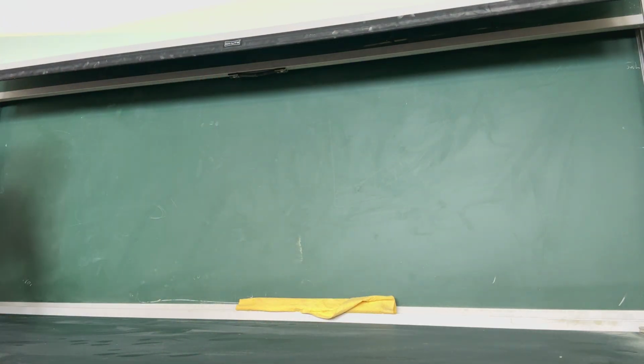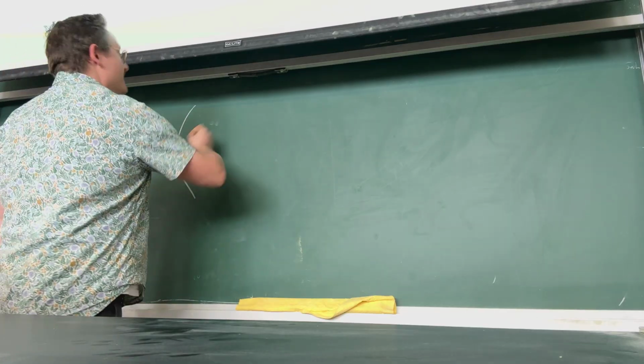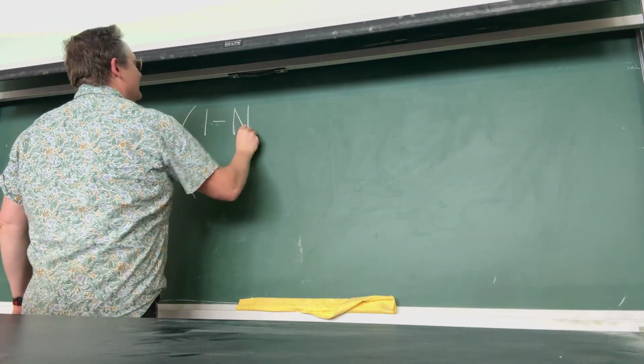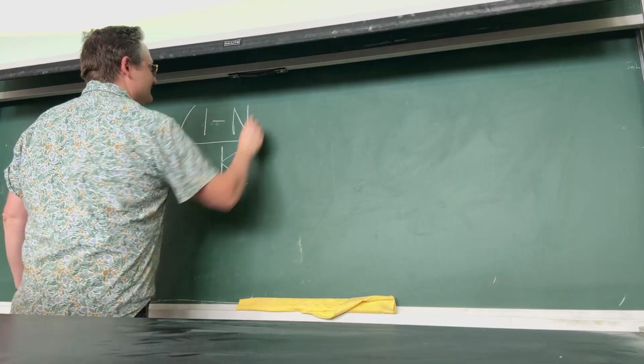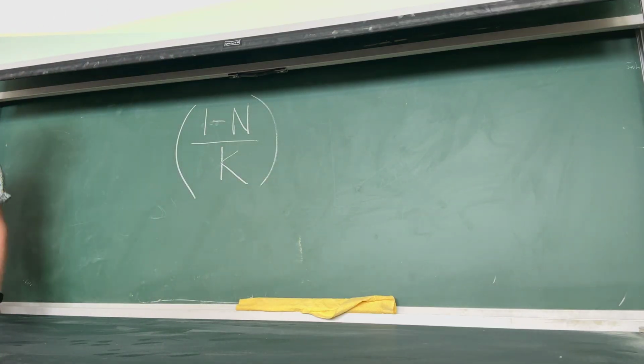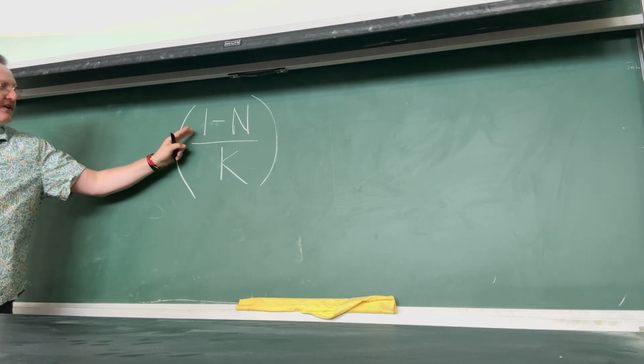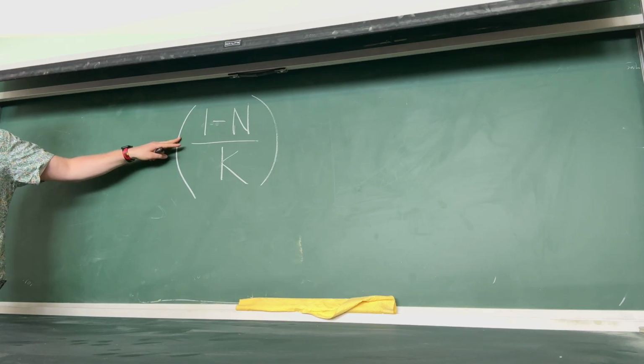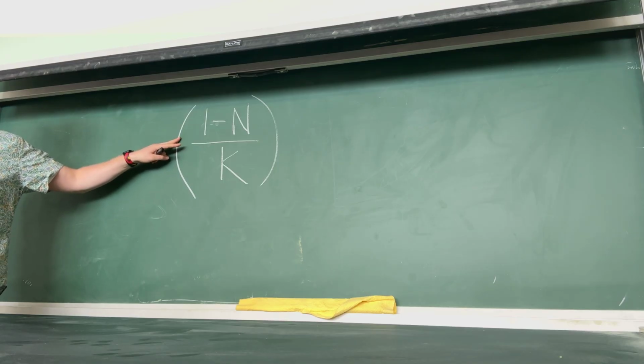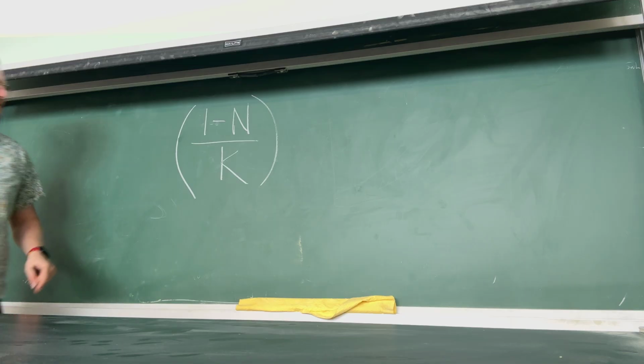Really, it's the same as the exponential growth model, except with this new parenthetical, being 1 minus N over K. Now, what this is going to do is as the population gets higher and higher, this value in the parentheses is going to get smaller and smaller. It can even become negative.